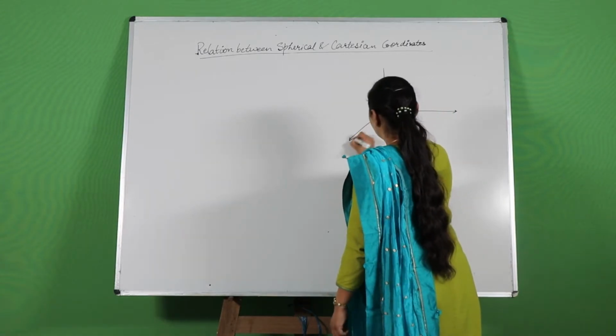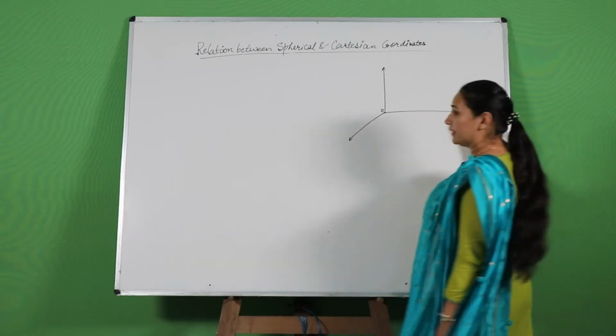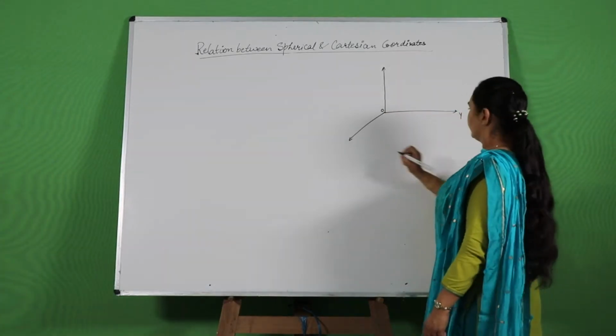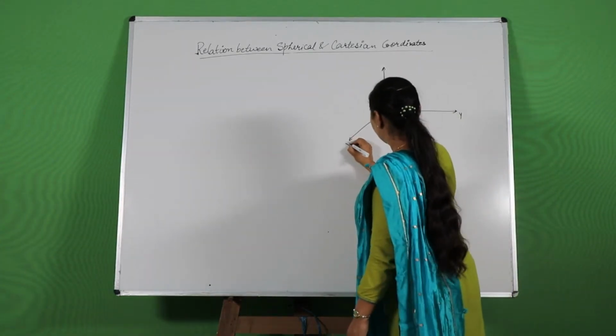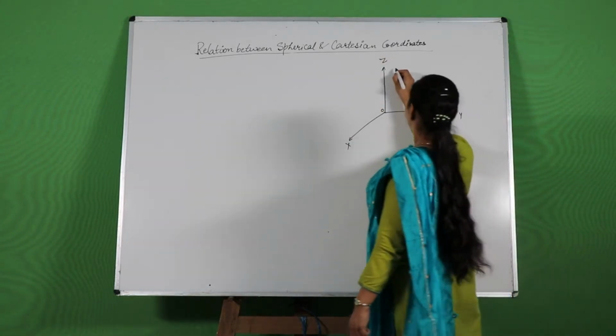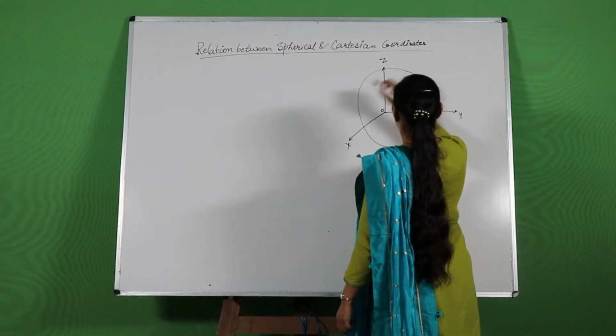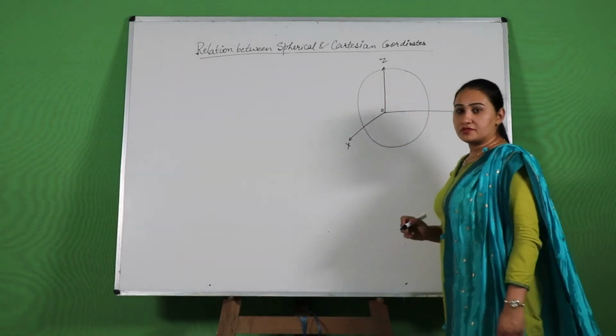that if these are my three axes that are perpendicular to each other, let us suppose this is x, y and z. Now these are lying on the surface of the sphere.